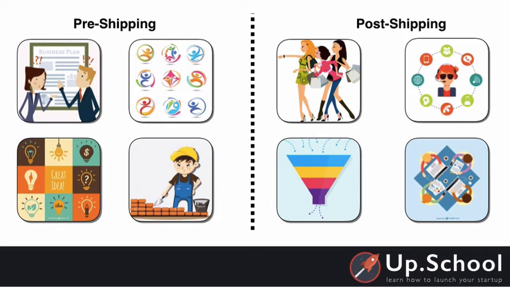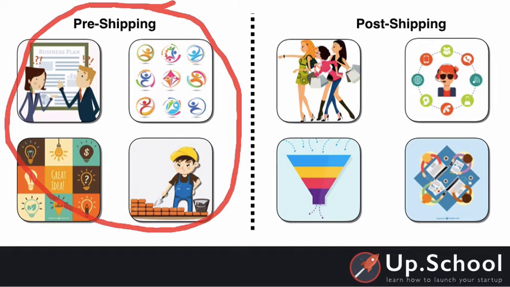So here we have 8 sample tasks, not all the tasks, but 8 tasks which are very common in starting a business. And what I've done is split these into pre and post shipping. And it's important to understand that this area here, pre-shipping, this is the costly part of your business. So what you've got to do effectively is spend as little time as possible in this area doing these tasks.